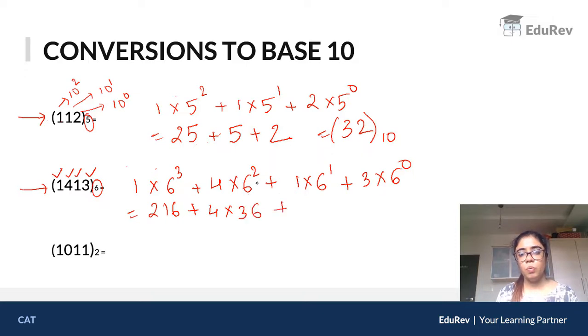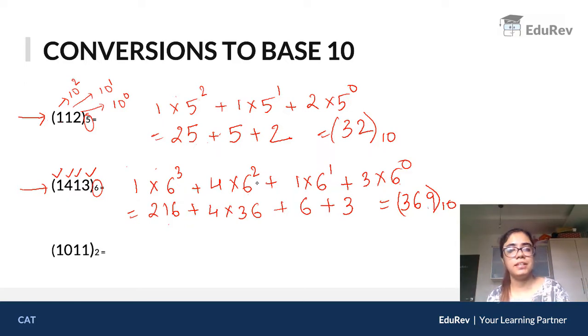This will be 1 into 6 is 6 and this will be 3. So this will be 216 plus 144 plus 6 plus 3. If I add all these numbers, it will come out to be 369. So this is 369 to the base 10. So 1413 to the base 6 is 369 to the base 10.